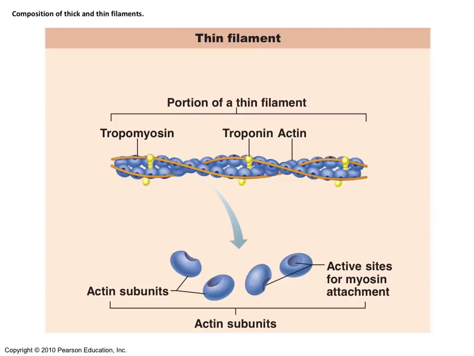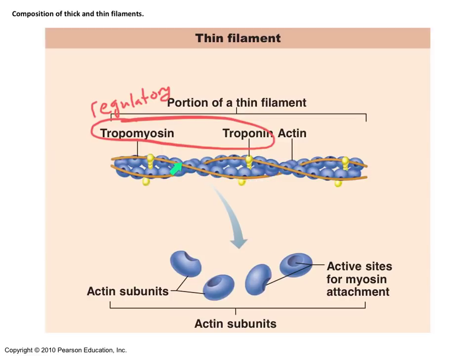So the actin forms the base of the thin filament, but attached to the thin filament you also have two regulatory molecules, troponin and tropomyosin. Tropomyosin and troponin together basically control whether a myosin head can bind to the actin thin filament or not. Notice how tropomyosin, this long filamentous protein, is covering up the active sites of the actin molecules.